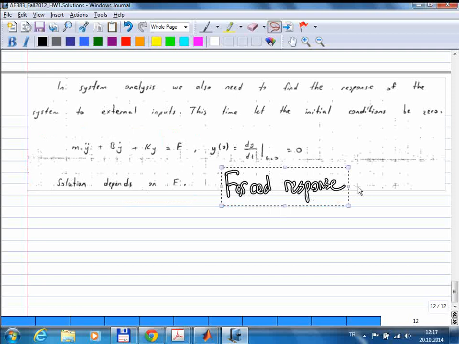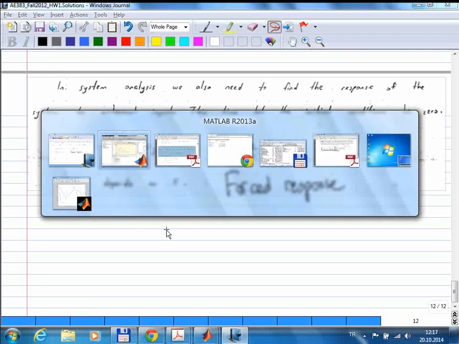You need to know what the input is, and then you need to solve the differential equation for that input. And every time you want to simulate the system for a different input, you need to solve the differential equation again, corresponding to that input. Okay? So obviously this is really not an easy thing.